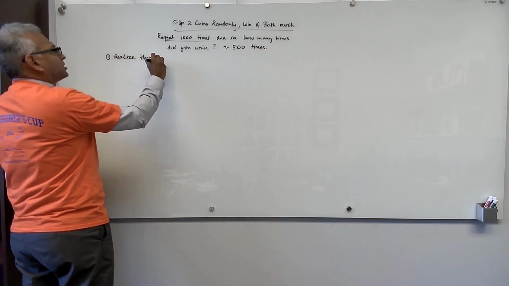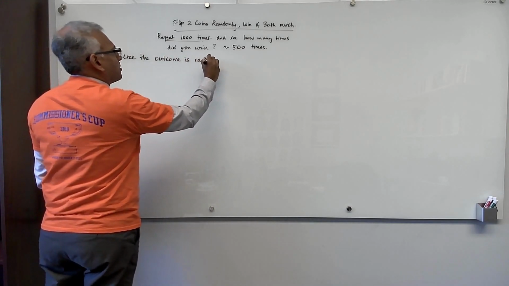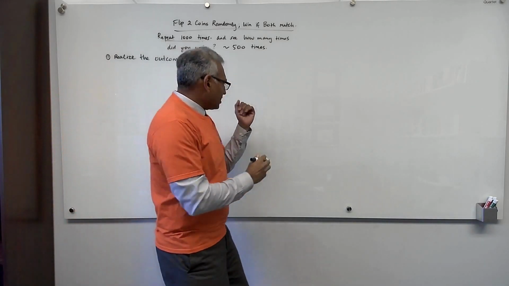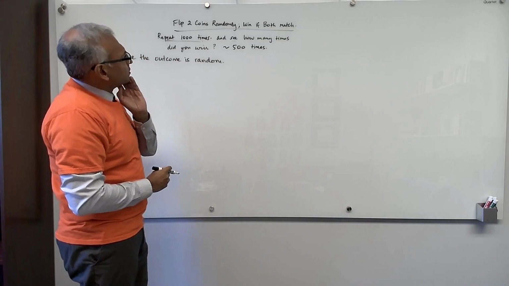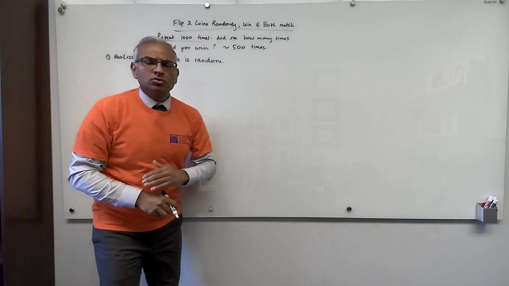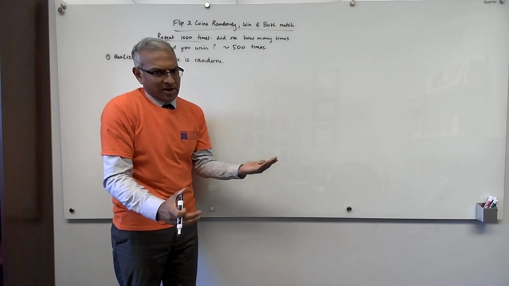In this case, that is clearly true, because are you going to win or are you going to lose? We don't know until we do the experiment. So it's a random outcome.